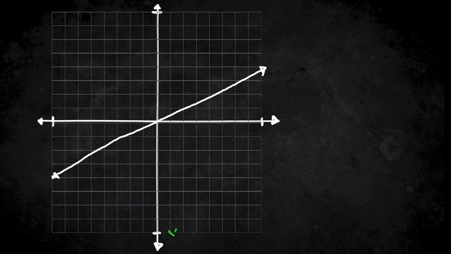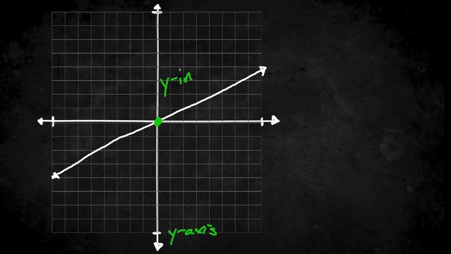This, as you know, is the y-axis, and where the line goes through the y-axis, right here, is called the y-intercept.